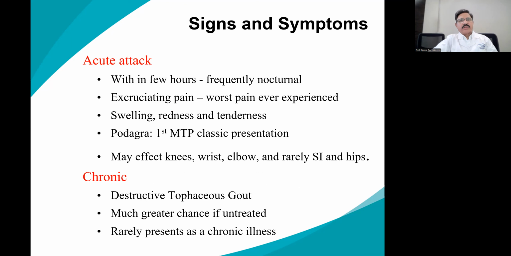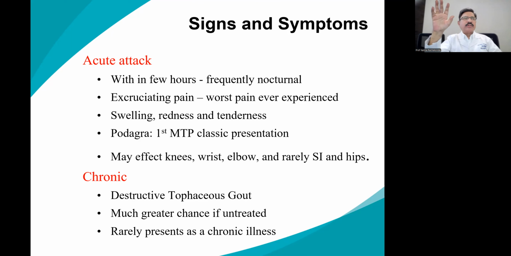Now, what are the signs and symptoms? There are two phases of the disease. One is called acute, the other is called chronic gout. The acute phase looks like any other septic arthritis, but it is in a particular place, a small joint, the first metatarsophalangeal joint.